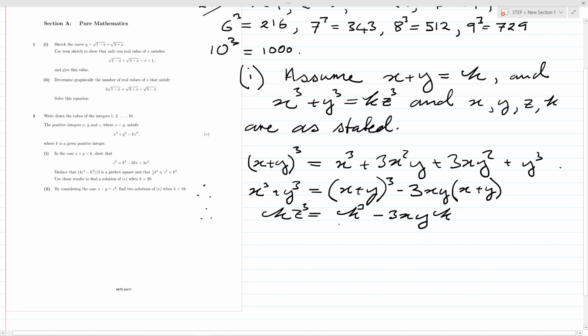And now we're looking quite good, because we've got almost every term without a y and k in every term, so we can cancel immediately by k, and so therefore we get z cubed is equal to k squared, and this is going to be 3xy. But instead of writing y, we're going to write from this expression k subtract x.